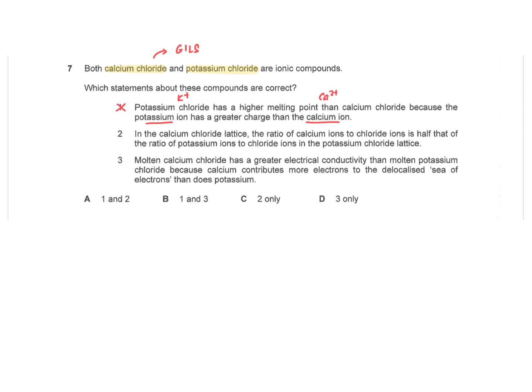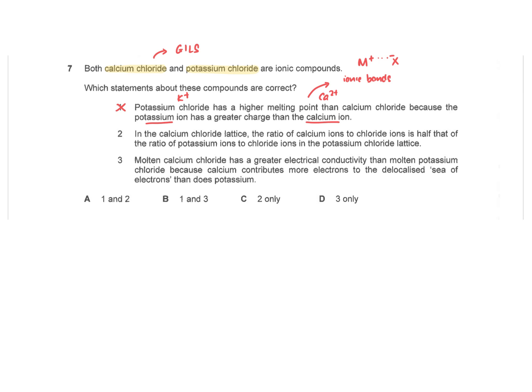Now for those of you who are interested, how is melting point related to charge? Melting point of an ionic compound depends on the strength of your ionic bonds. We have learned that ionic bonding is the electrostatic attraction between plus and minus, between your cation and your anion.